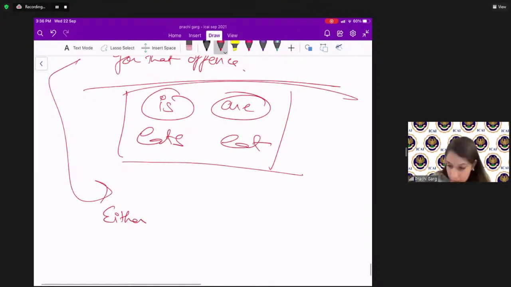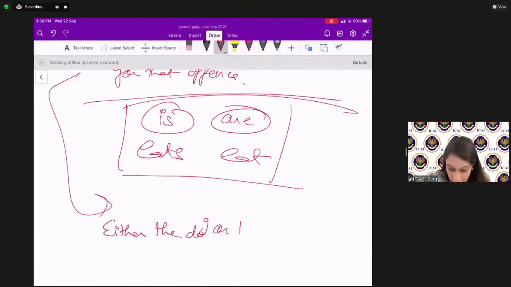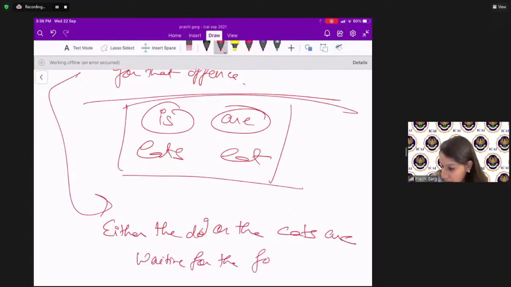Either the dog or the cats are waiting for the food.